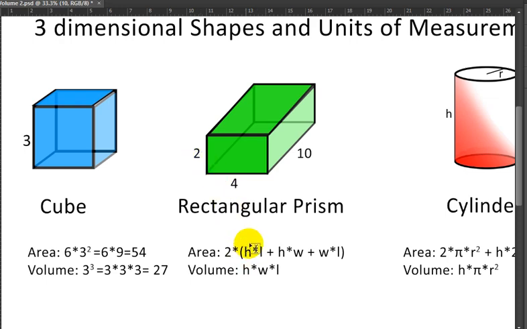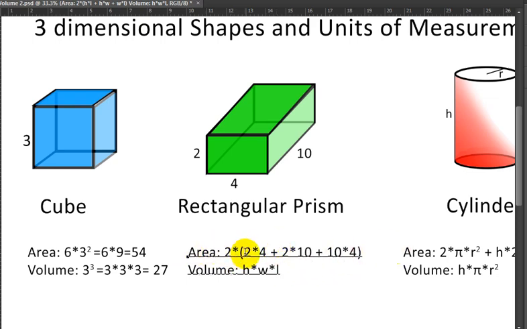Well, all I'm going to do is plug in the numbers that I was given into this, and then just solve. So the height is 2, so let's change the h's into 2's, and the L is 4, so change the L's into 4's. And the width is 10, so change the W's into 10's.